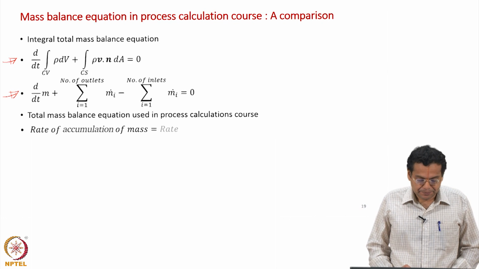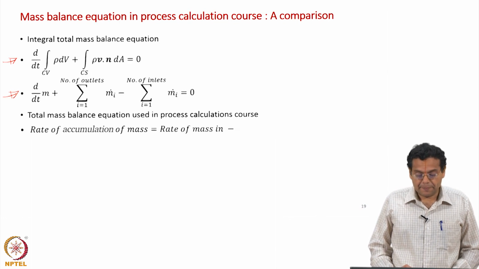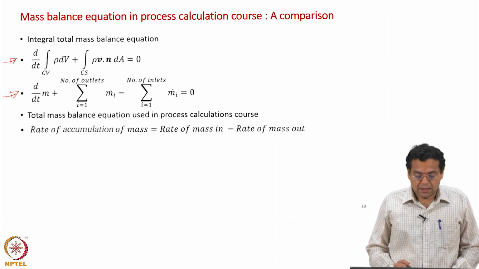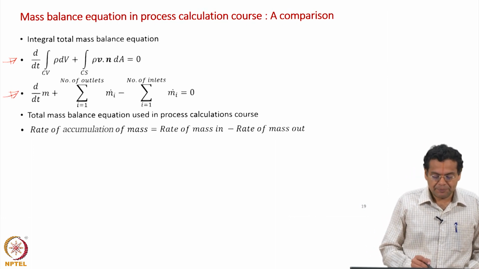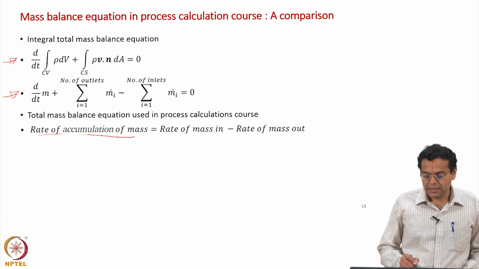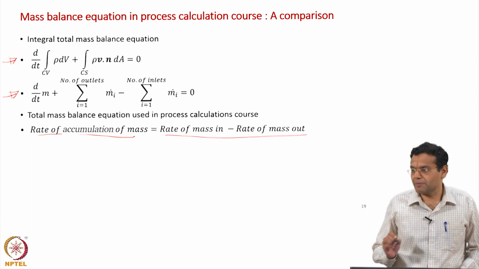This equation is where you would have started, saying that rate of accumulation of mass is equal to rate of mass in minus rate of mass out.